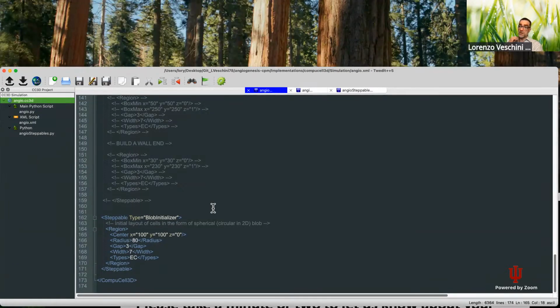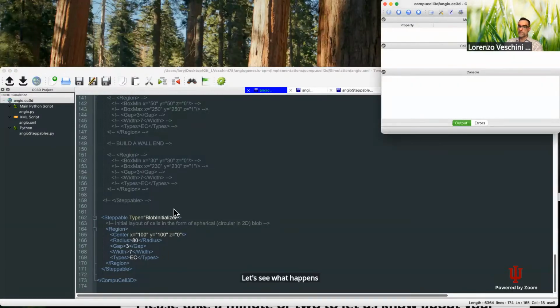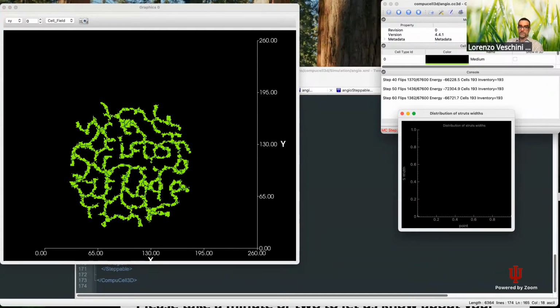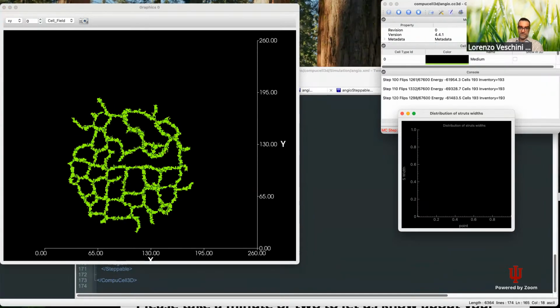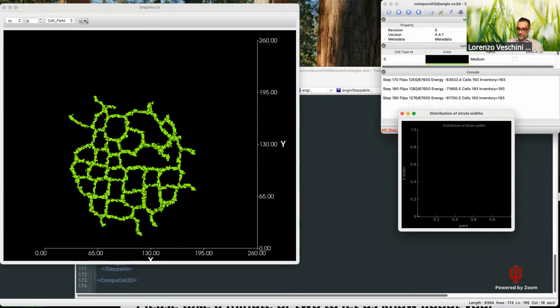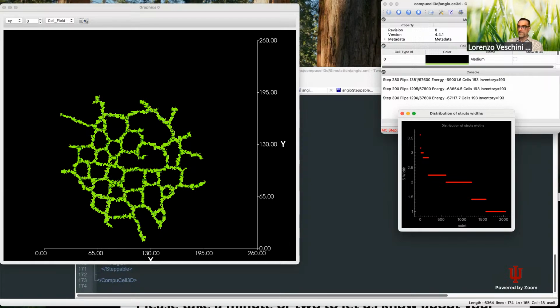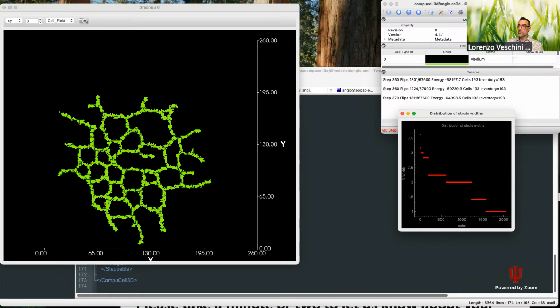And the gap of 3 may be even big, but let's see what happens. Yeah, with the blob, it goes this way.